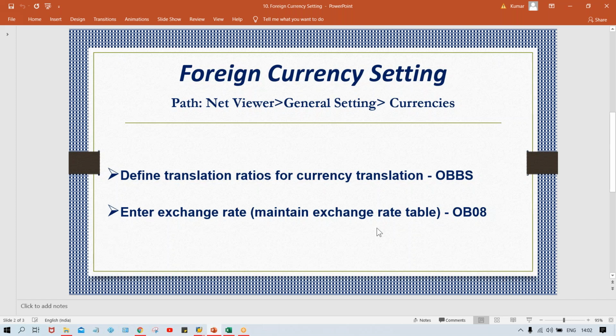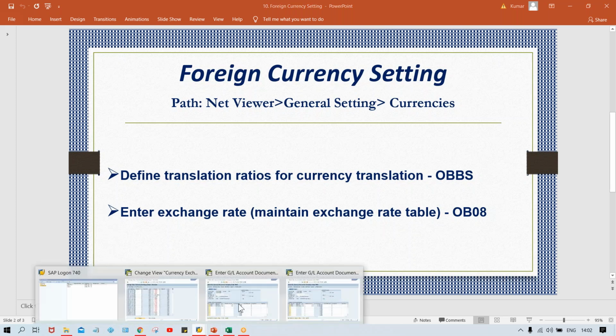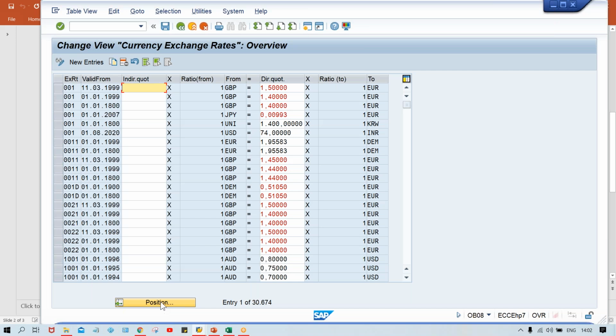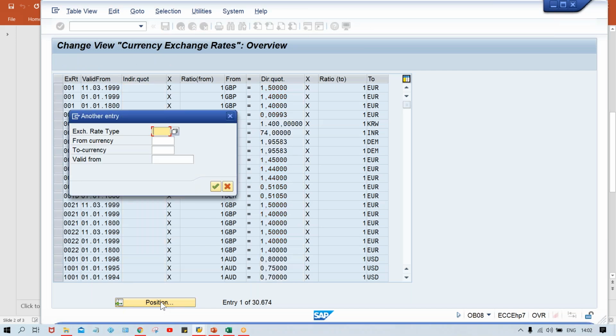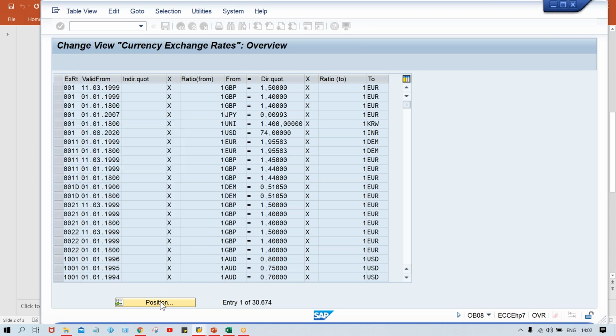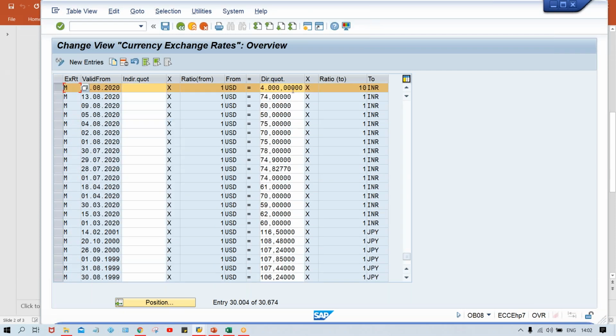There is one more thing that is pretty important, guys, for certifications. If you are preparing for certifications, or for interviews, the interviewer may ask questions that I'll show you. So we have specified the rate here. Click on position, exchange rate type, your currency, date. So I have specified the rate here, under direct quotations.